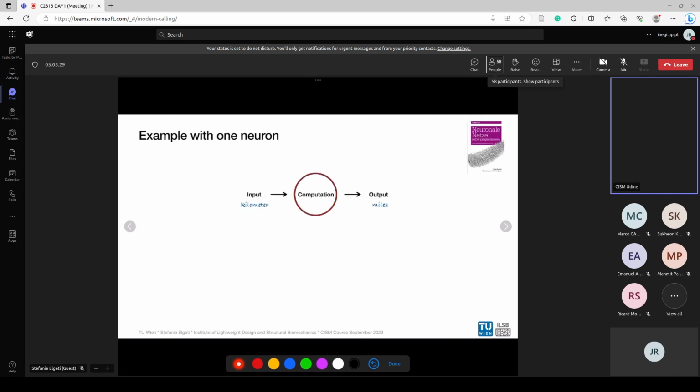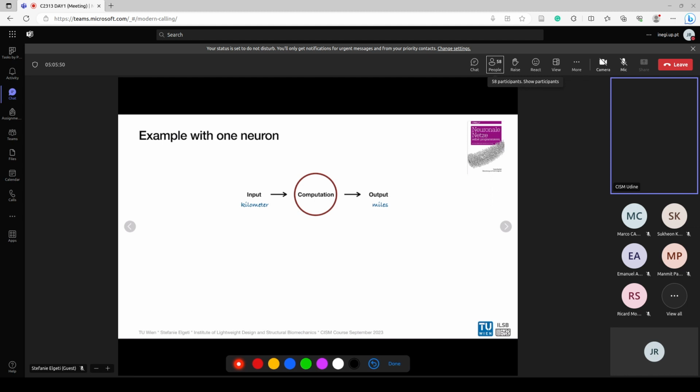But what is happening exactly? So we look at an example with 1 neuron. So now based on this book here, no longer on the baby book. What if we want to convert kilometers into miles?